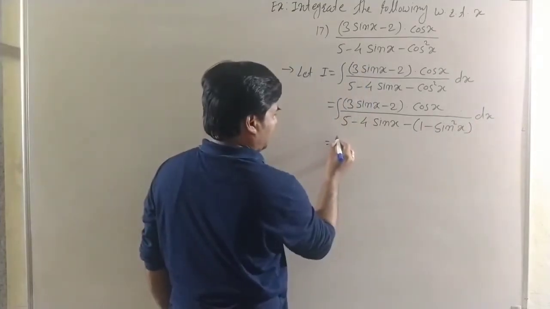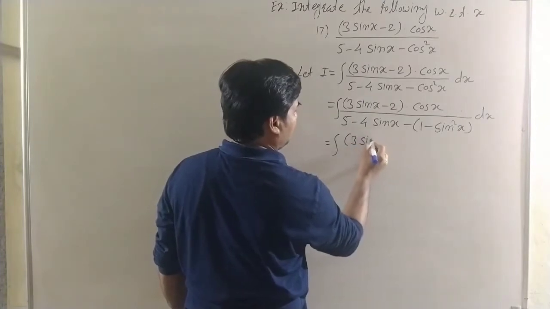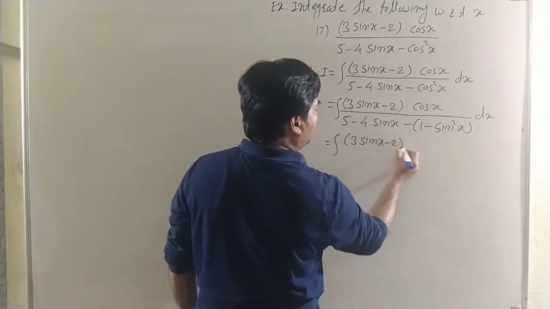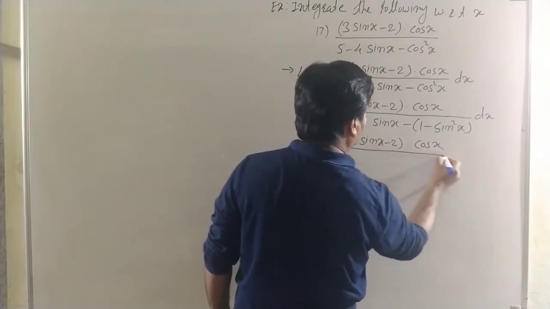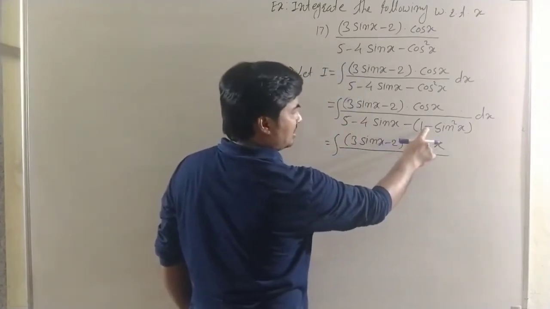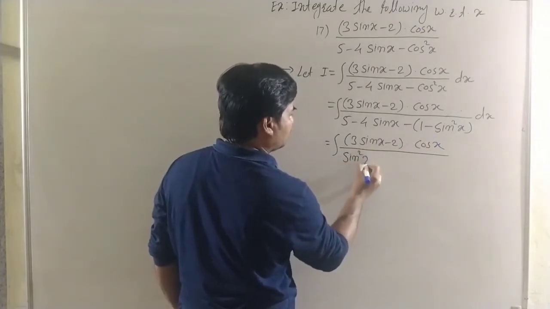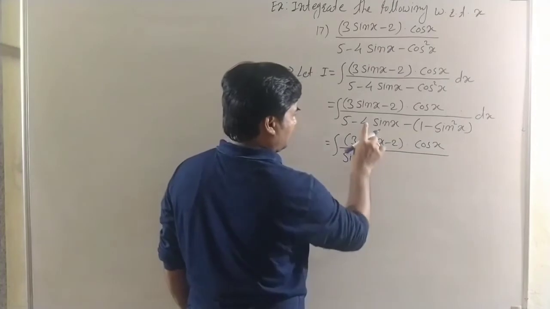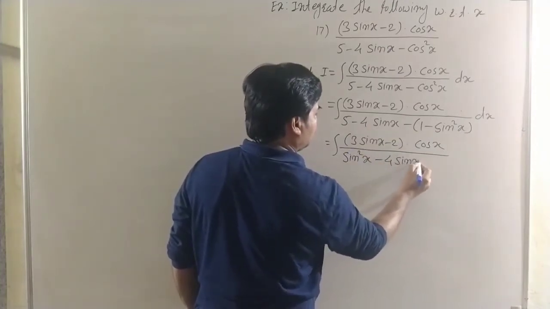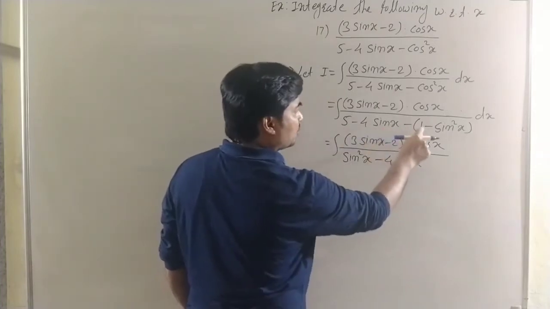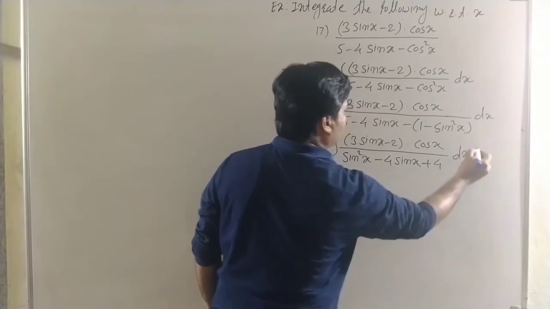Now this can be written as, see carefully, (3 sin x minus 2) cos x upon, here minus and this minus, so we can write sin square x, minus 4 sin x as it is, and here 5 minus 1 is plus 4, dx.